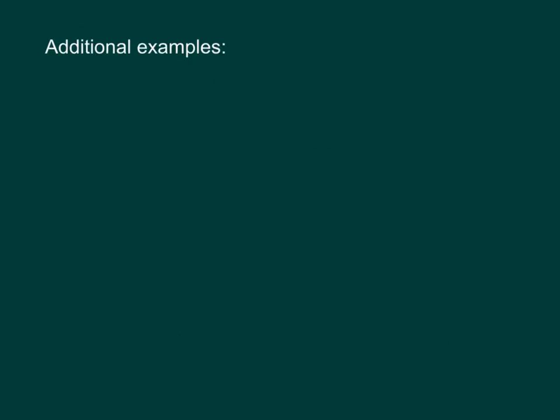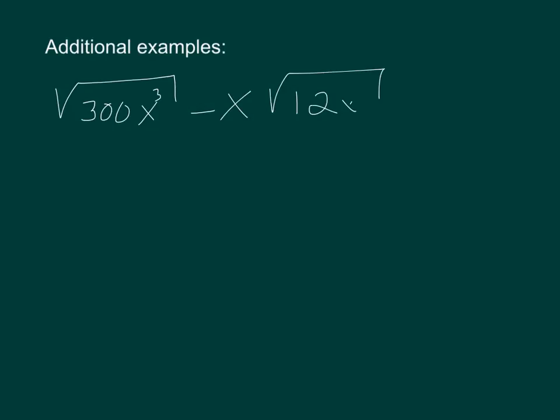Let's look at a couple of additional examples. Let's do the square root of 300 x cubed minus x times the square root of 12x. Now remember, I want to break up my radicals using perfect squares if I can.